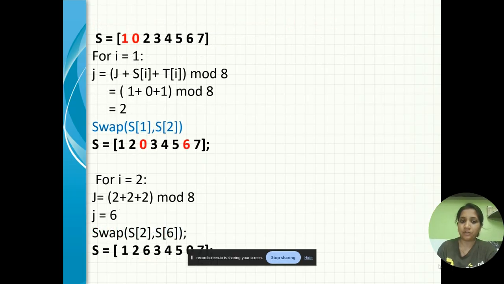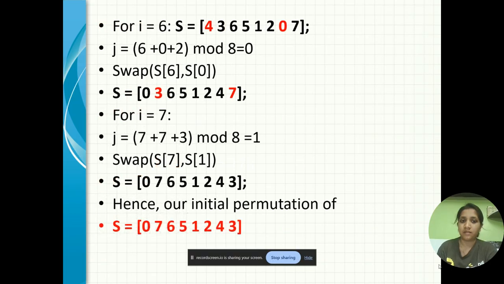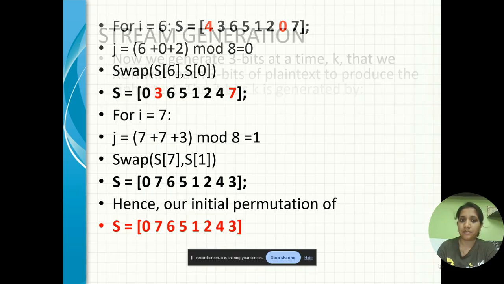So here is the process of swapping S[1] and S[0]. Continuing similarly for the other values of i, swapping 2 and 3, 1 and 4, 2 and 5, and so on. So here is our initial permutation of S, that is 0, 7, 6, 5, 1, 2, 4, 3 after swapping.